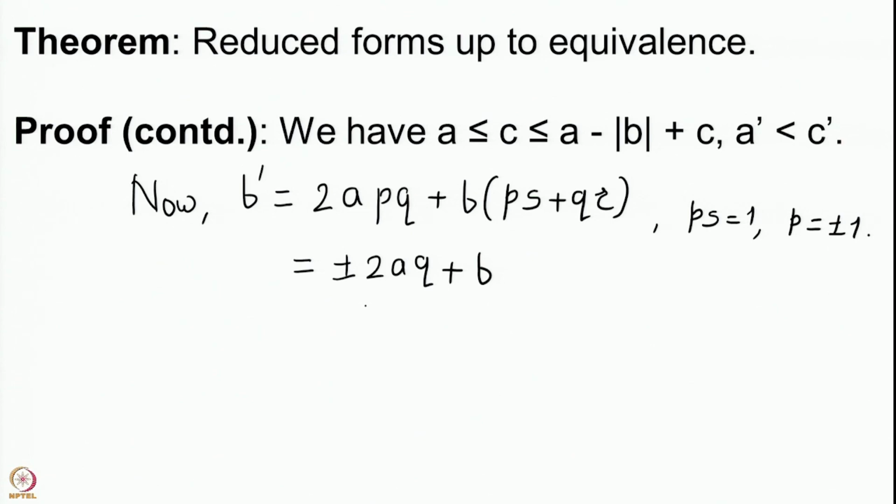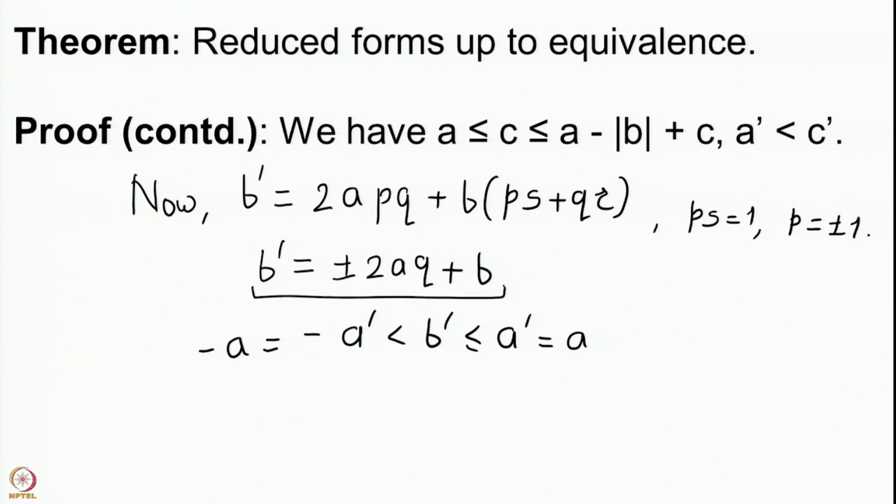Since f prime is a reduced form, we have that minus a prime is less than b prime is less than or equal to a prime, but we also have that a prime is a. So, the values for b prime are between minus a and a, and b prime also has this equality, that b prime is b plus minus 2a q.